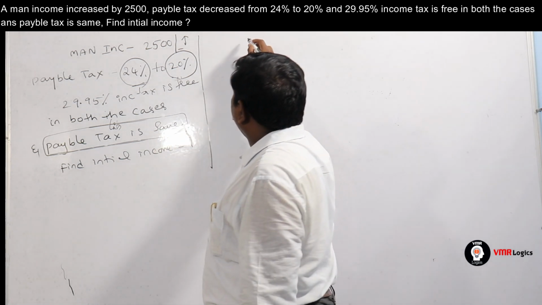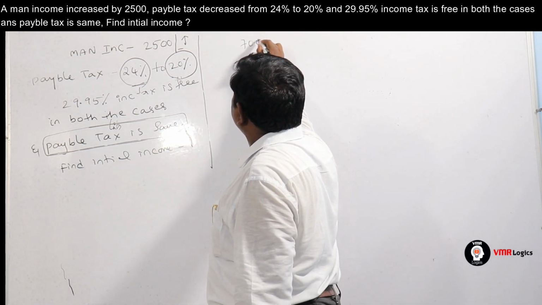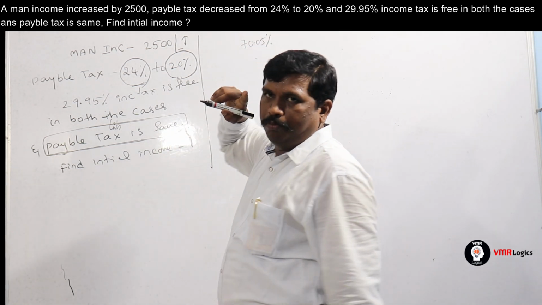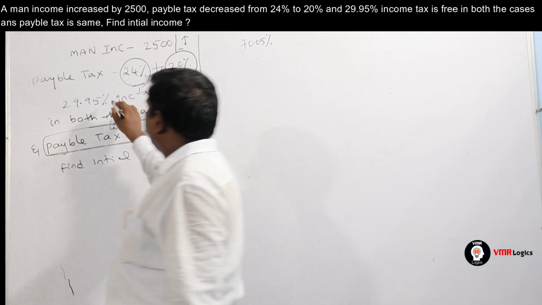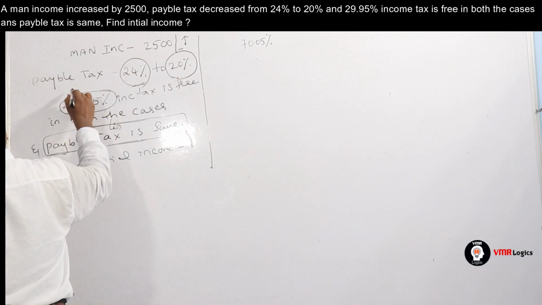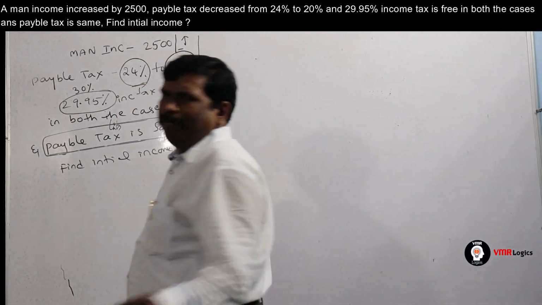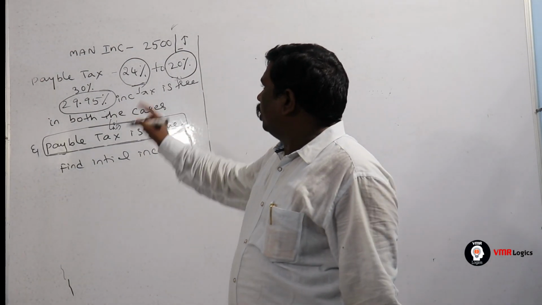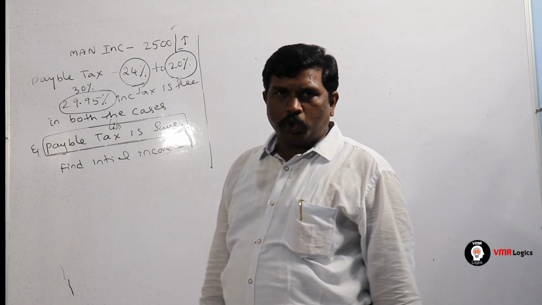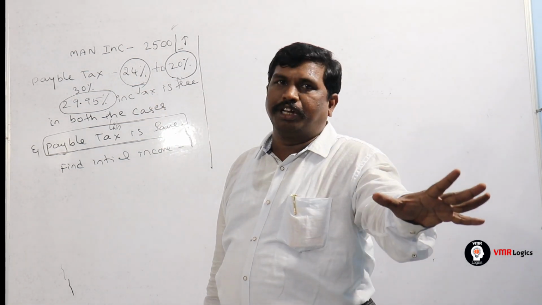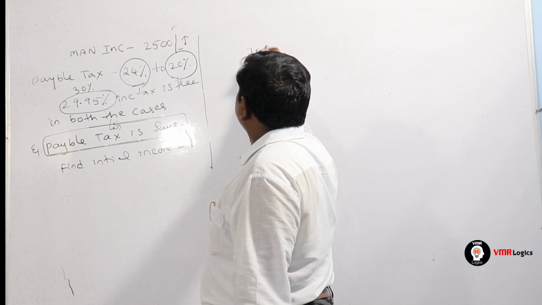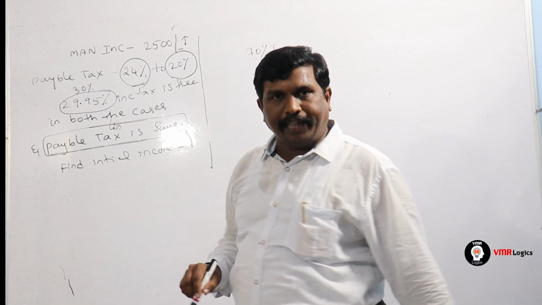That means you are paying on 70.05% of the income. Let's do one thing: this 29.95% I am treating as 30% for some time. So out of 100% income, 30% is tax free, so you are paying tax only on 70% of income.